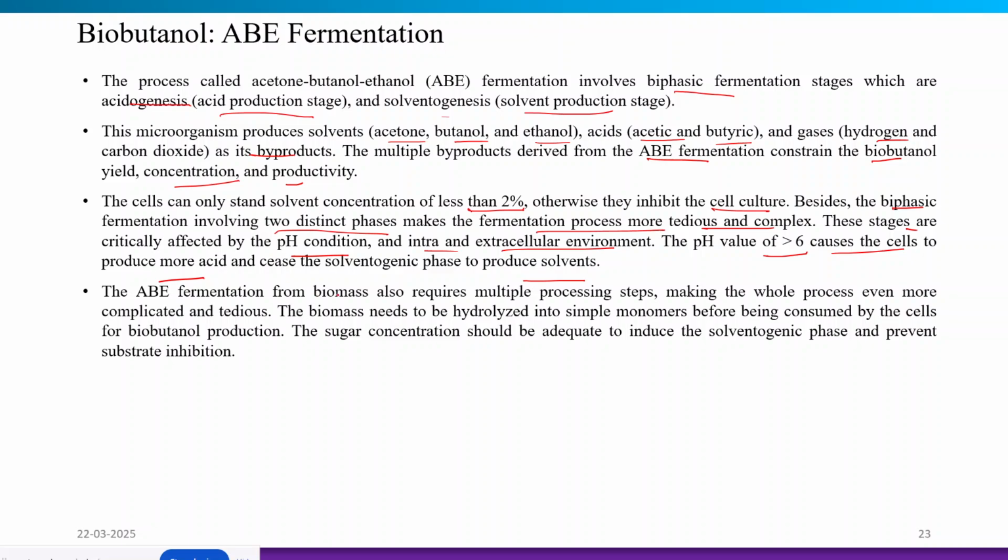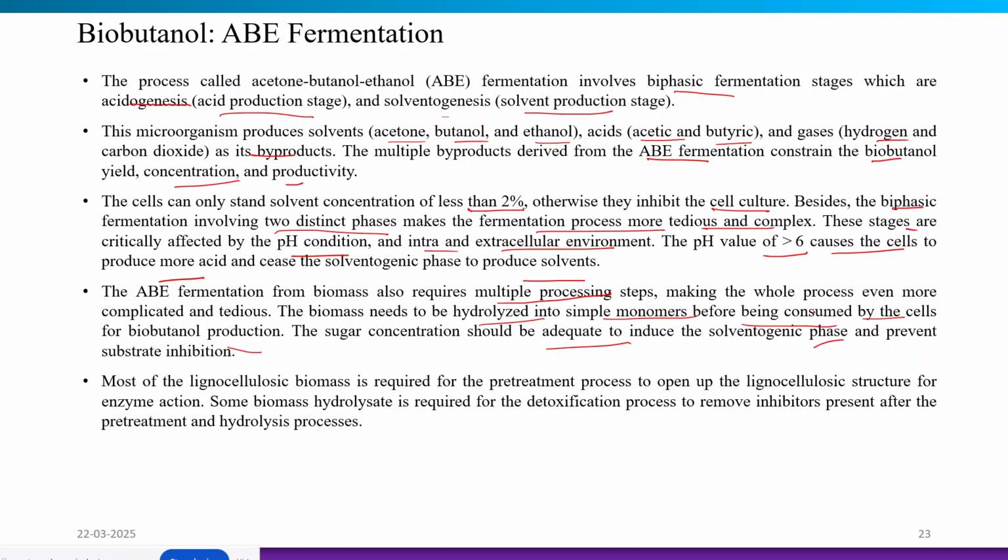ABE fermentation from biomass also requires multiple processing steps, making the whole system more complicated and tedious. The biomass needs to be hydrolyzed into simple monomers before being consumed by the cells for biobutanol production, so we need to convert it to fermentable sugar. The sugar concentration should be adequate to induce the solventogenic phase and prevent other product formation.